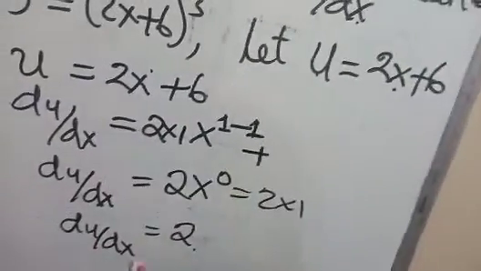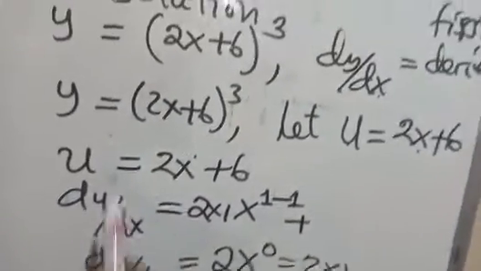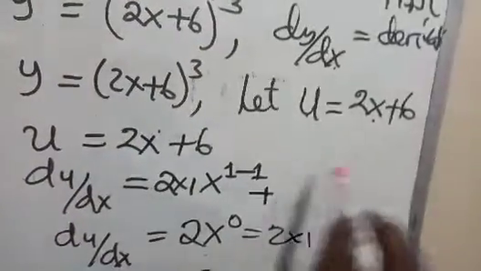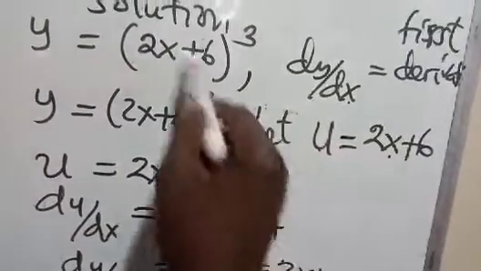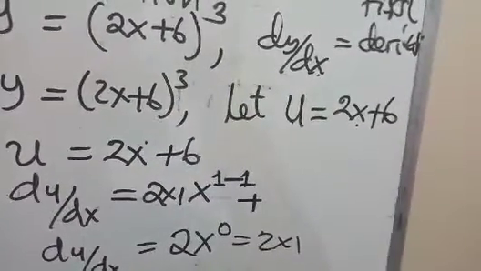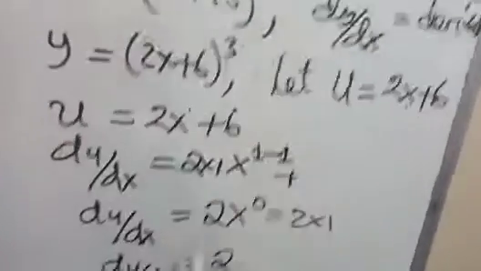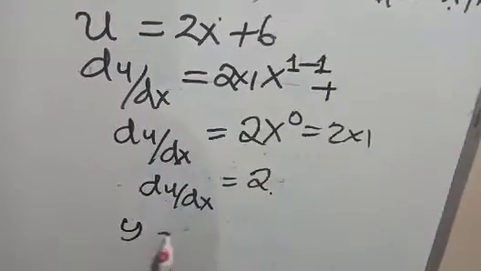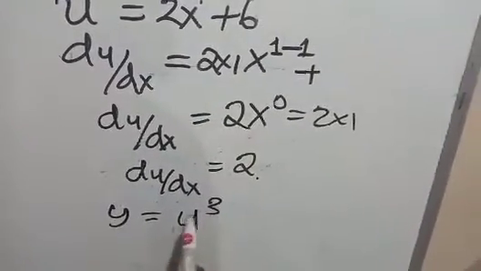So after getting this one, now we can go direct to our equation here. Because we let the value which was inside the bracket be u, another equation will be y is equal to u exponent 3.